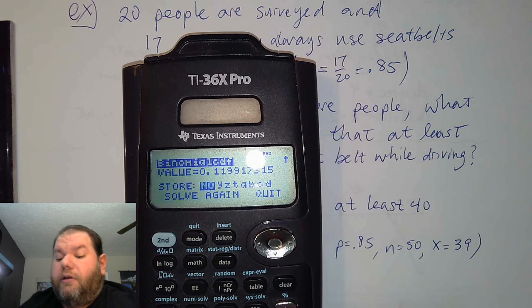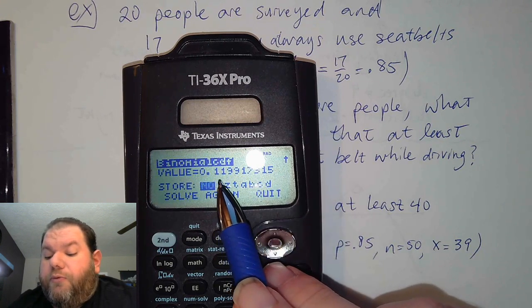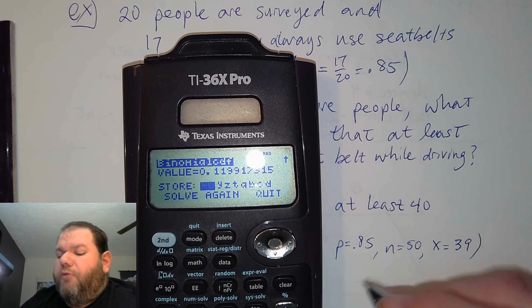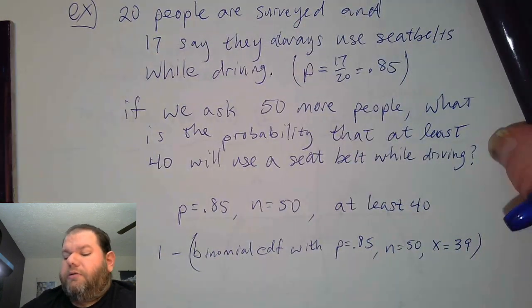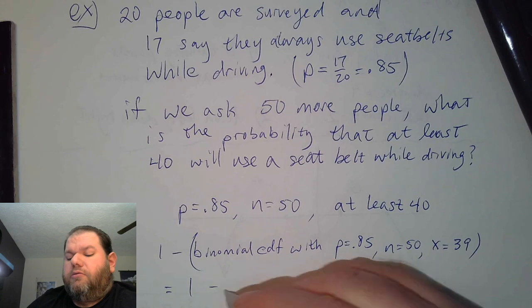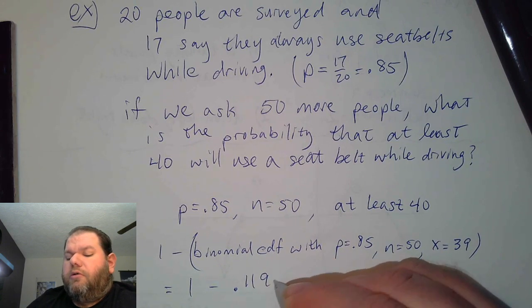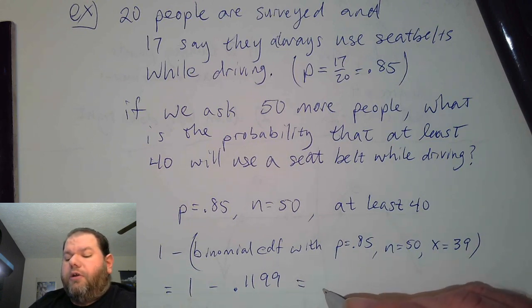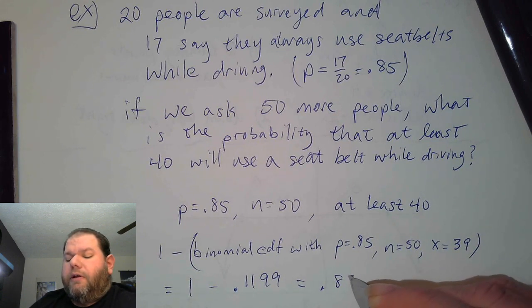Calculate that, and we get a value of 0.1199. That's good enough. And so we're going to subtract that from 1, which will give us 0.8801.